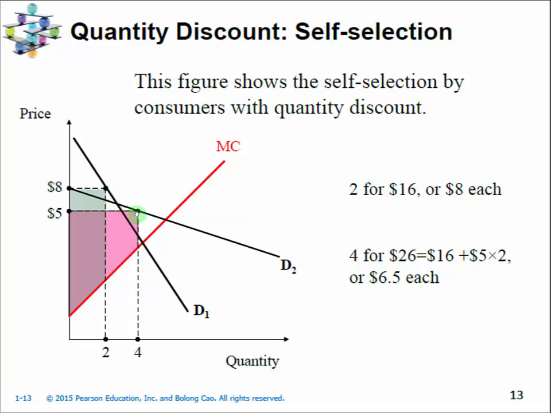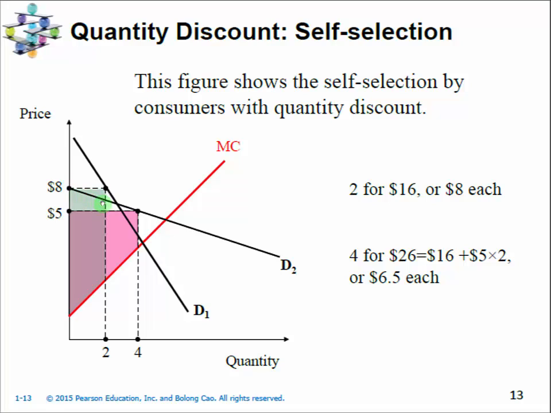Here, for the second customer, this little white triangle provides a part of the consumer surplus that can subsidize the loss in this little green triangle. The price the producer wants to charge on the first unit is actually higher than the willingness to pay.